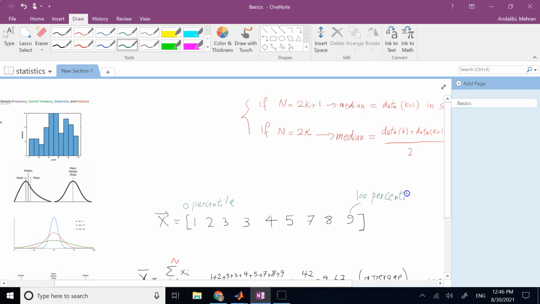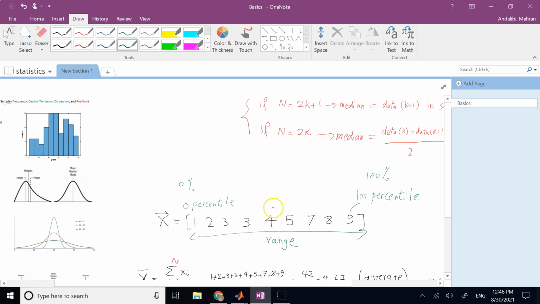So if you say the whole range of the data is equal to going from 0% to 100%, that's equivalent to the whole range, then where is the 50% of the data?